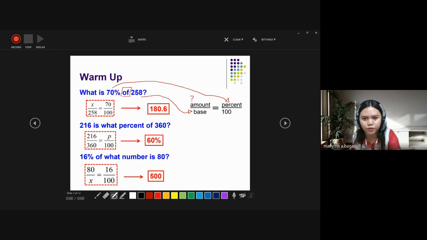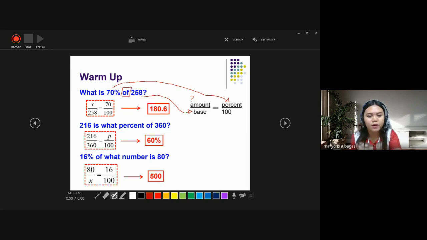So if we write that, 70 over 100, which is 70%. And the amount we write here as X, because we don't know yet what our amount is. Then over our base, 258.